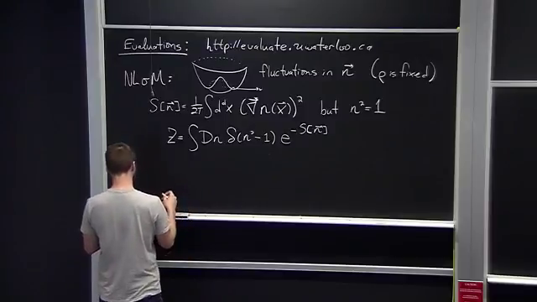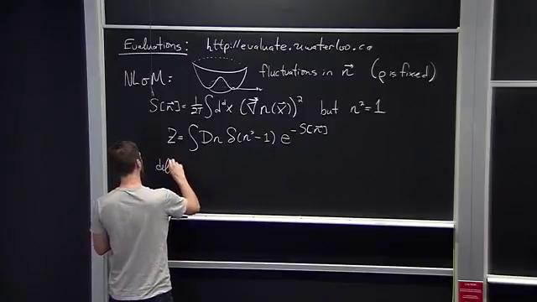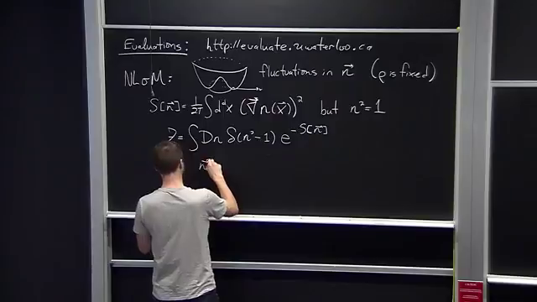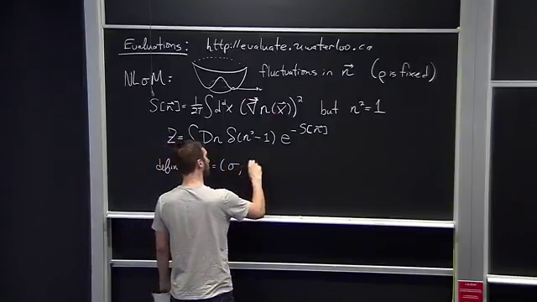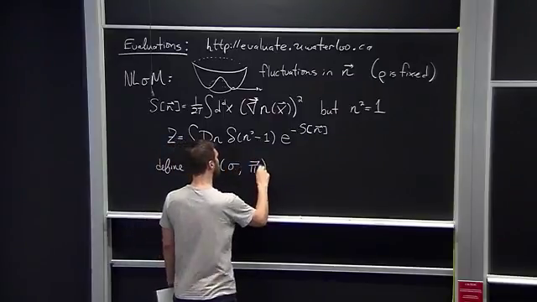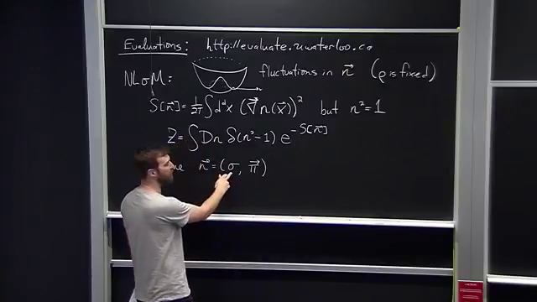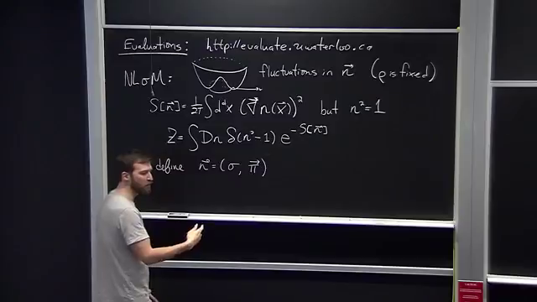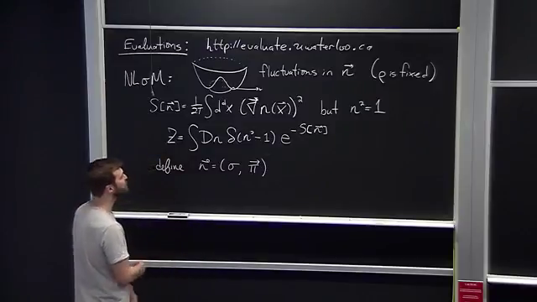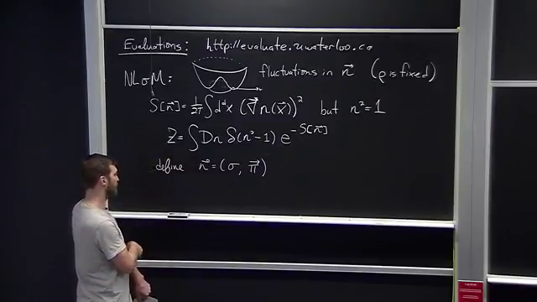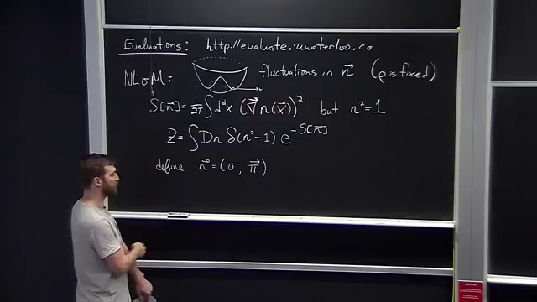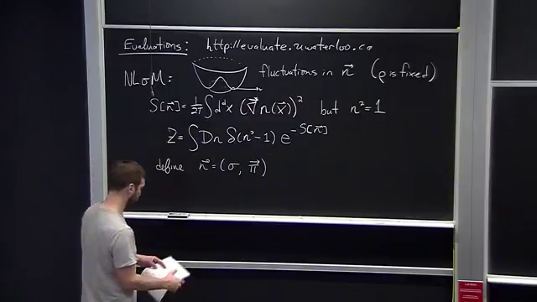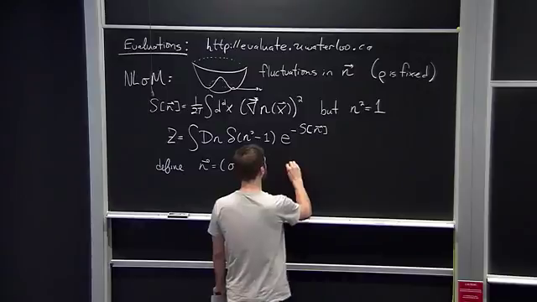So then we divided things up into sigma and pi. So sigma is that preferred direction, and pi is all the other, 1 to n minus 1 directions. And those correspond to your Goldstone modes, or Goldstone bosons in the quantum case.